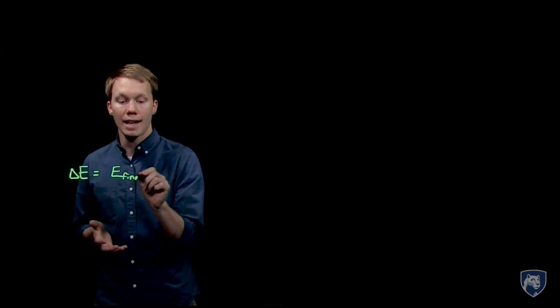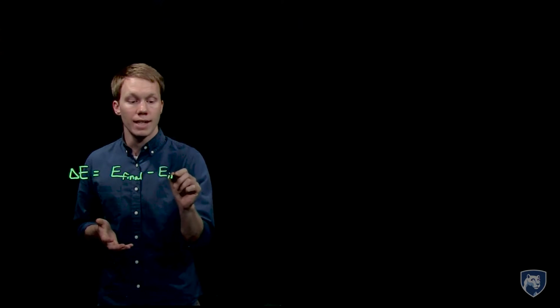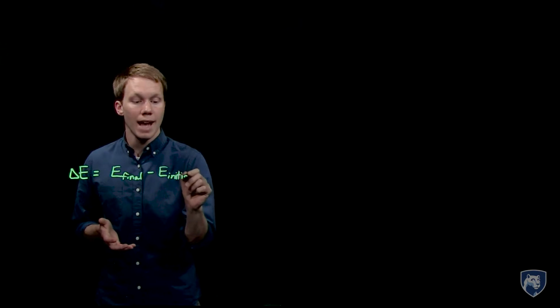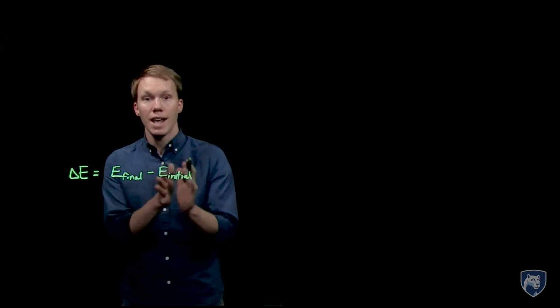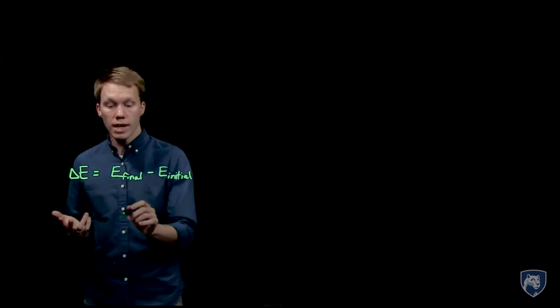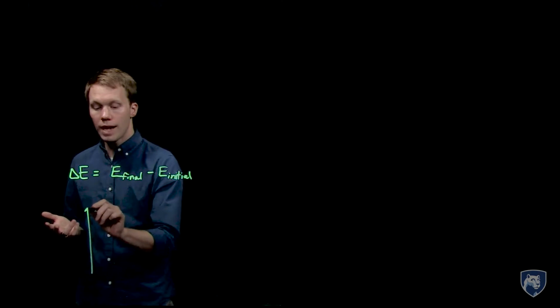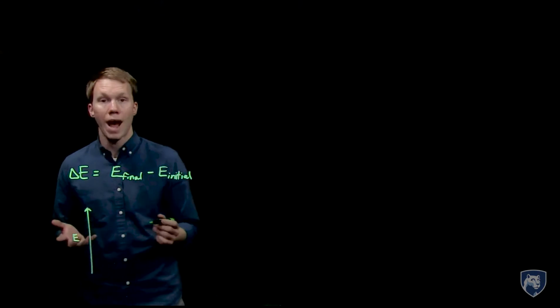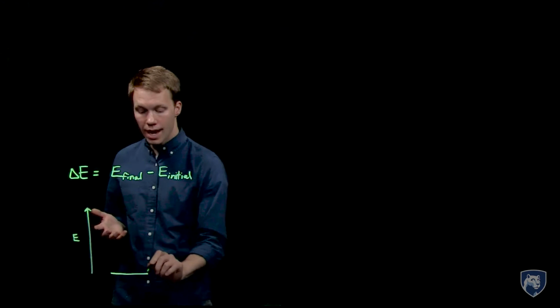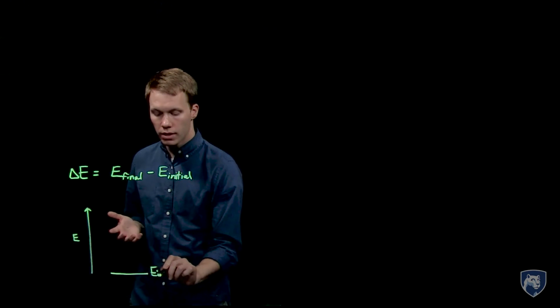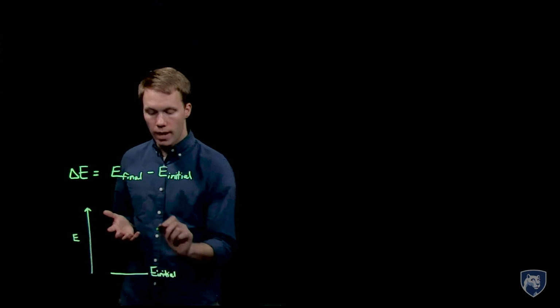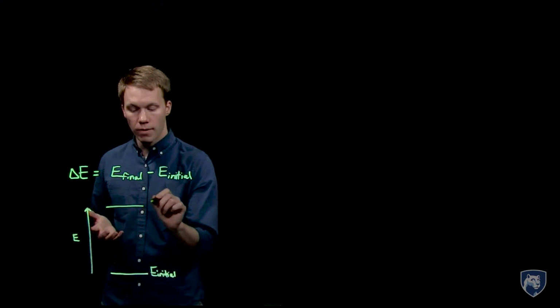So we'll be looking at this idea where we have a final state and an initial state. And there are two scenarios that we could imagine. If we have internal energy on a y-axis, we could start at some low energy. We'll call that my initial point, and we could end at some final energy.